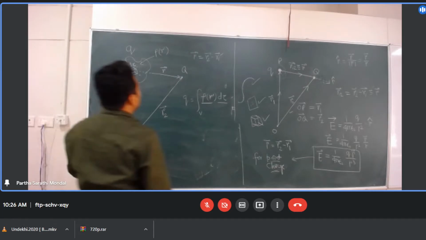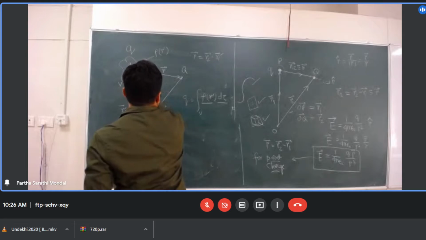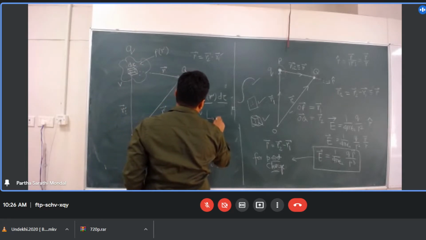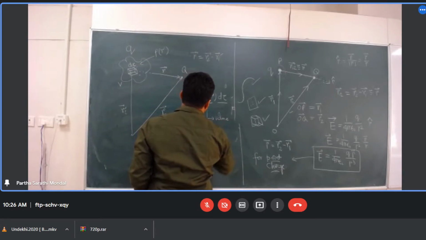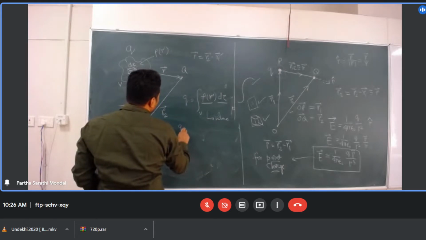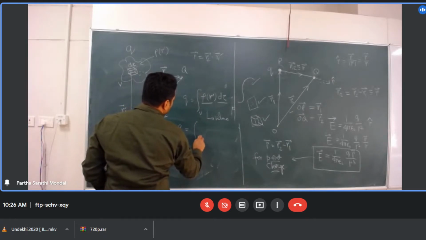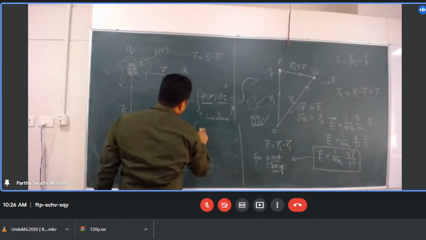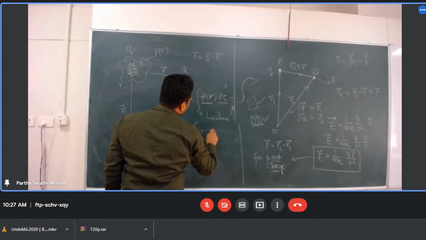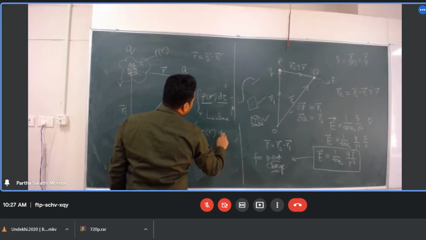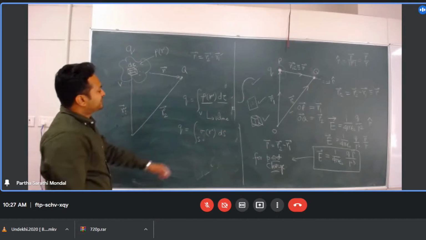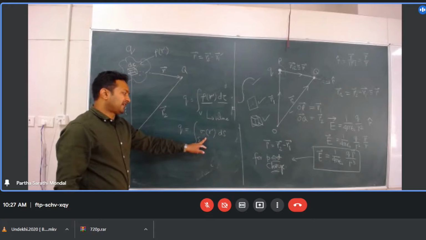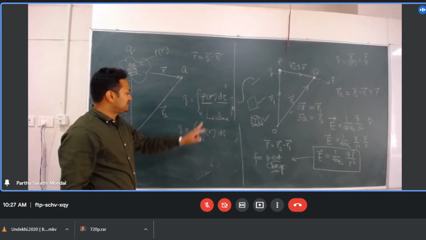Similarly, this is for volume integral, maybe volume distribution. If I want a surface charge here, instead of volume, you have a surface charge. In that case, it will be sigma of r dot into ds, where sigma is the surface charge density, and rho is the volume charge density.